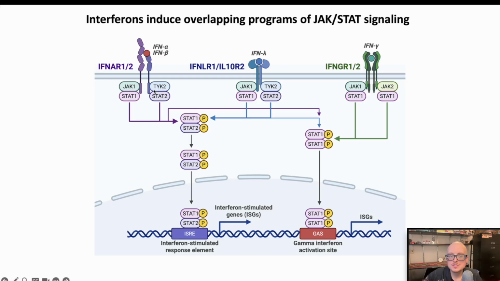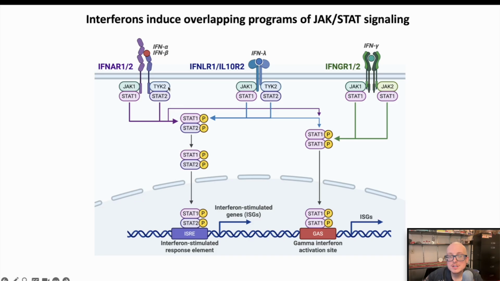So TYK2 is also a Janus kinase, even though it doesn't have JAK in its name. You can see that in both cases, JAK1 primarily associates with STAT1. It primarily phosphorylates the transcription factor subunit STAT1, whereas TYK2 will phosphorylate the transcription factor subunit STAT2.